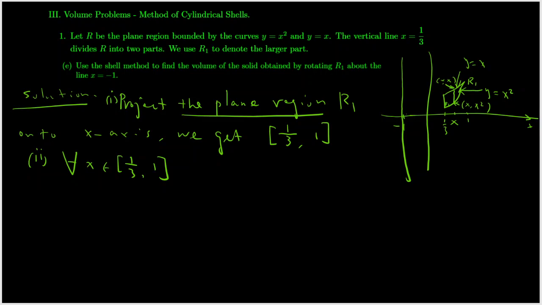Now let me write something down. For each x, you rotate that little line segment around a different line of rotation. We have a cylindrical shell, a cylinder, determined by x.